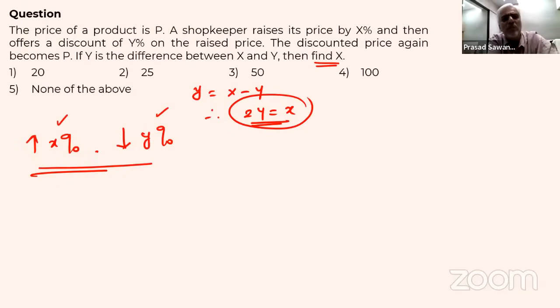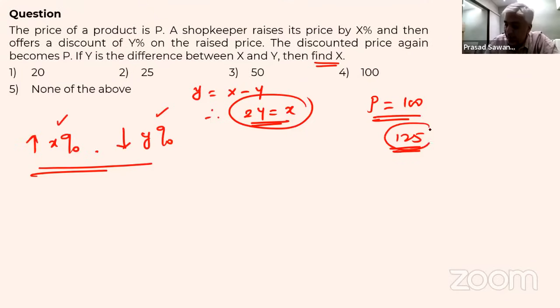Just to give you a small example of what it means exactly, leave this question for a second. Suppose the price of a product is 100 rupees. If you increase by 25%, the new price will become 125. If you now decrease this by 20%, how much is 20%? 1 by 5.